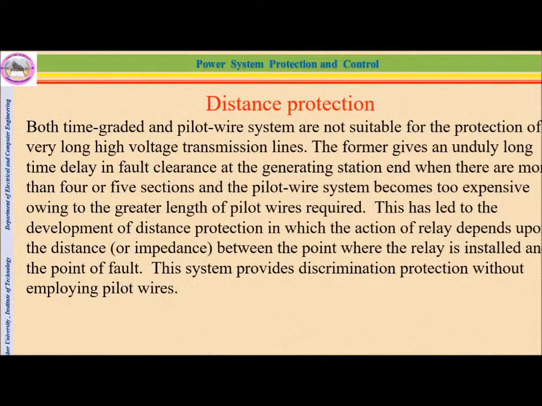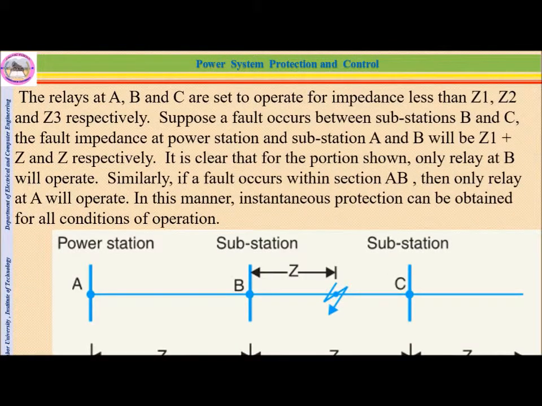This has led to the development of distance protection, in which the action of the relay depends upon the distance or the impedance value between the point where the relay is installed and the point of fault. This system provides discriminative protection without employing pilot wire, so this definitely reduces the cost.